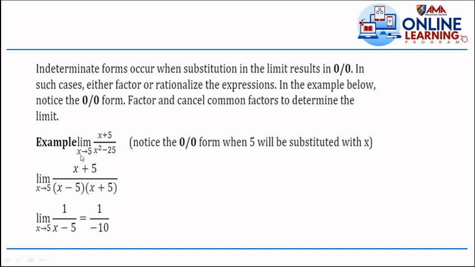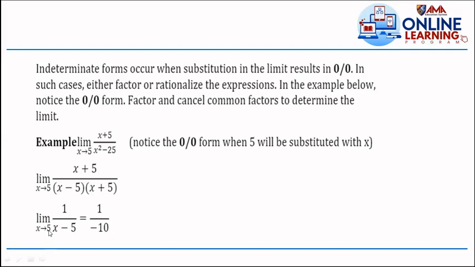If our limit is x approaches negative 5, their common factor is x plus 5. So, x plus 5 and x plus 5 will cancel now. Then we have x minus 5. What remains is 1 all over x minus 5 as x approaches negative 5.